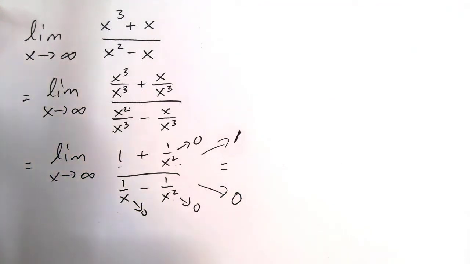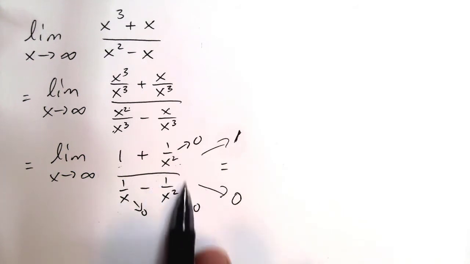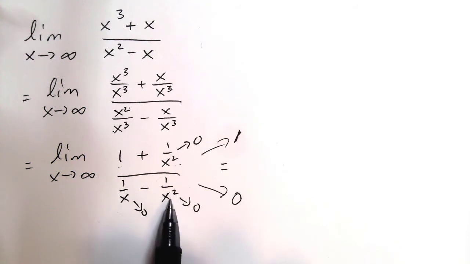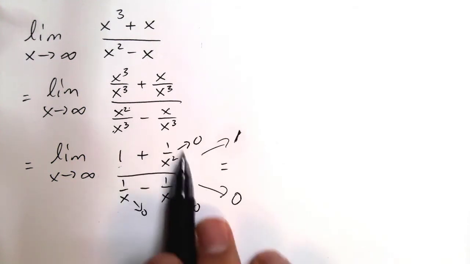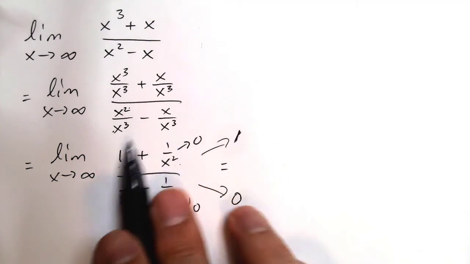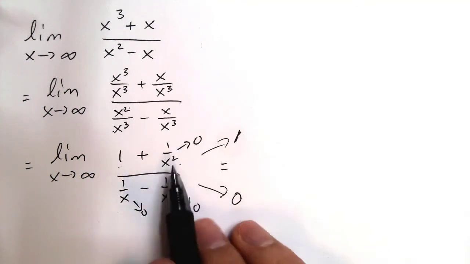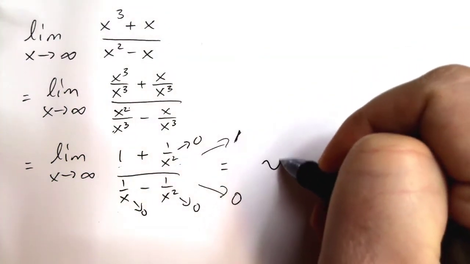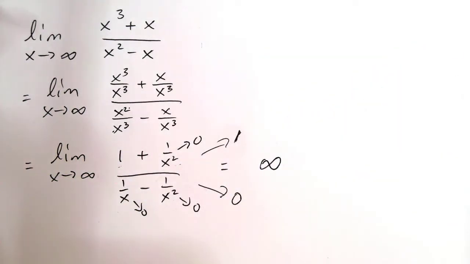Now, the only question is, is it going to positive infinity or negative infinity? Well, when x is large, 1 over x squared is smaller than 1 over x because I'm dividing by a bigger number. And so the denominator will be positive, and the numerator is always positive because all these things are positive. And so the quantity will always be positive.